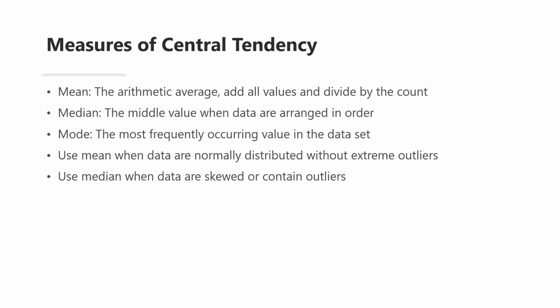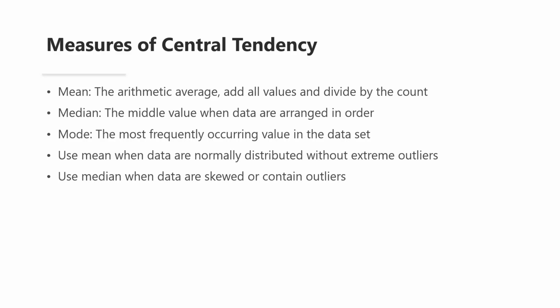The median is the middle value when all data points are arranged from lowest to highest. Using the same 5 scores arranged in order, 70, 80, 85, 90, 95, the median is 85 because it sits in the middle position. If there is an even number of values, the median is the average of the two middle values.